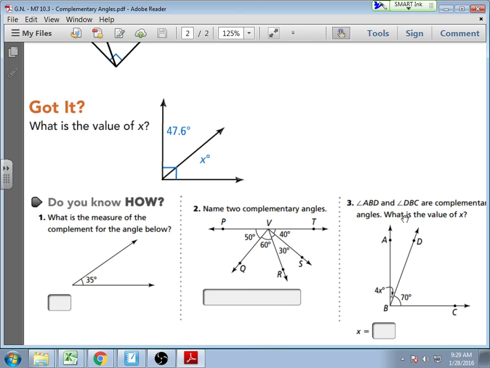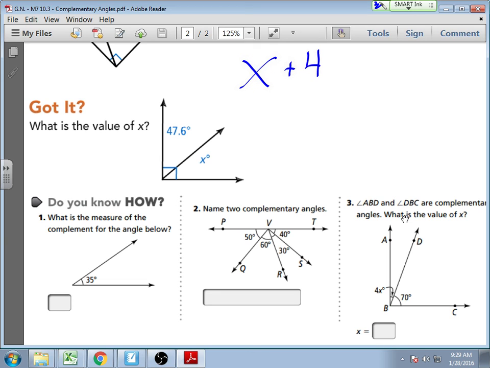If you're done, check with a neighbor. See if they got the same thing that you got. So then to get the x by itself, you get rid of the 47.6. You subtract that on both sides, and we'll have our answer. The equation that you should have is x plus... Luke, give it to me. 42.4.